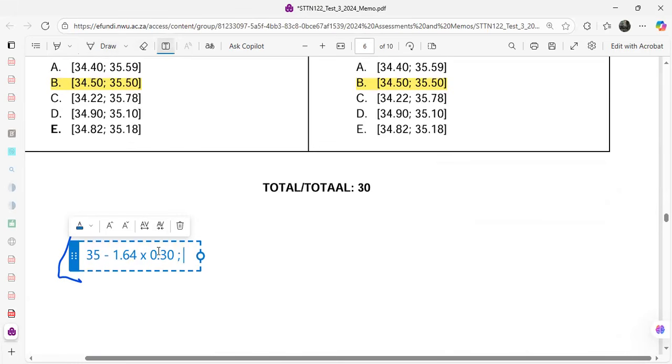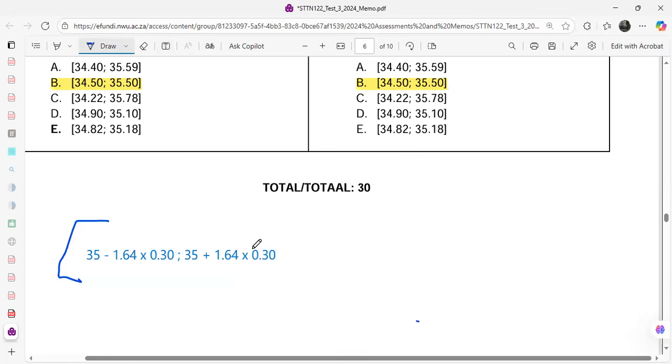I move to the other one. Now it's 35 plus 1.64 multiplied by 0.30. Then we can use the calculator. On my side, let's start with the first one: 35 minus 1.64 multiplied by 0.30.